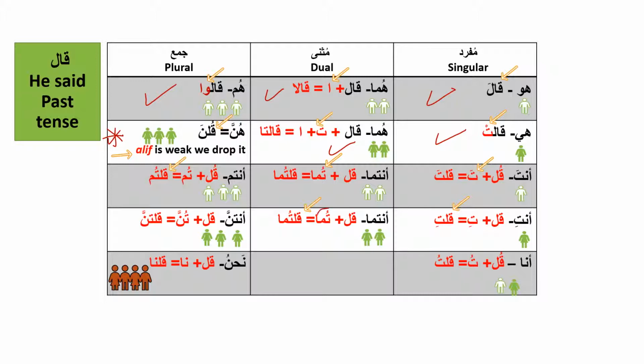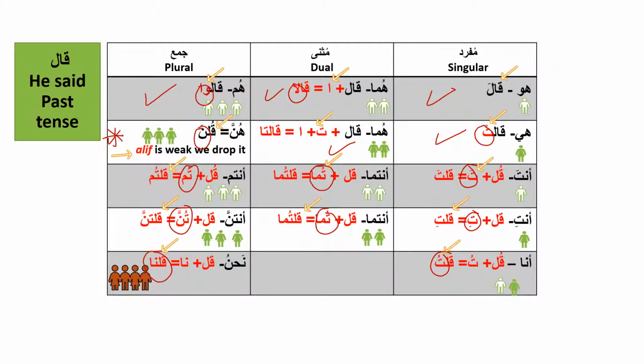Remember all these suffixes. You have to memorize all these suffixes. And we did this so many times previously, so that's why I'm not going over it now. أنتن قلتن. أنا قلت. نحن قلنا.